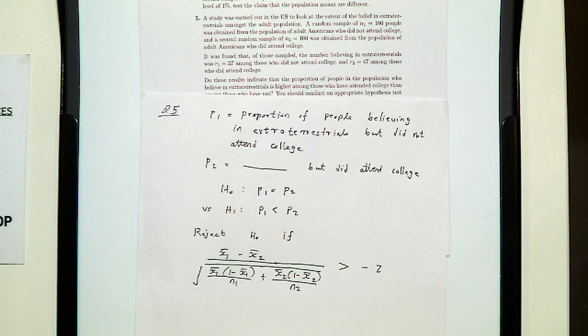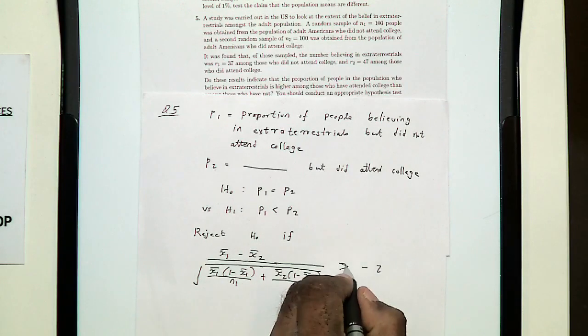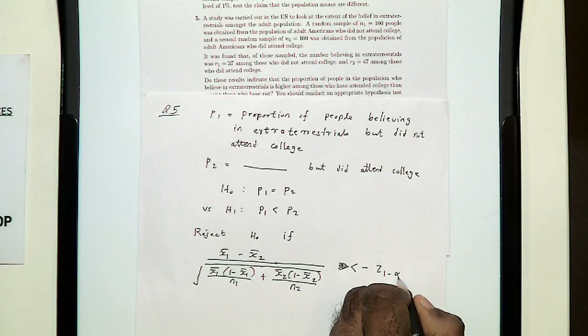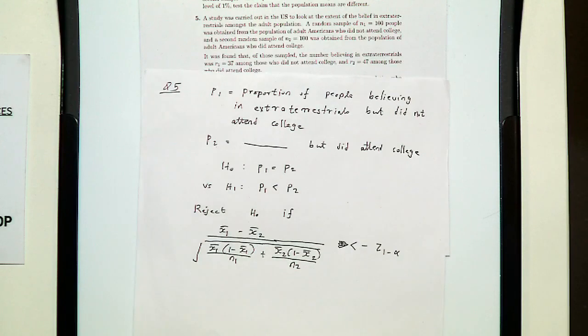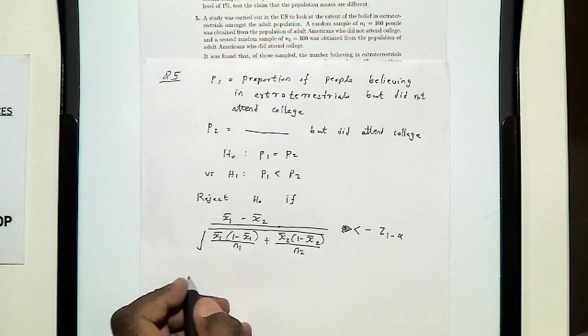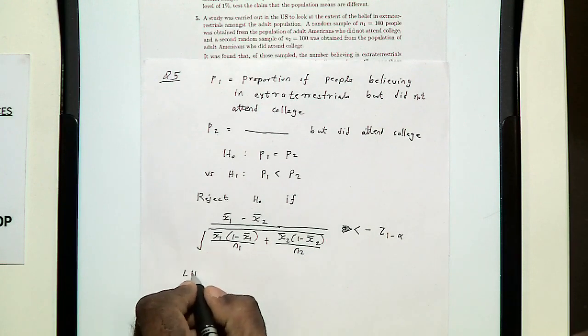I think it's less than, right? This is the rejection rule, right? So you should compute the left hand side of this, right?